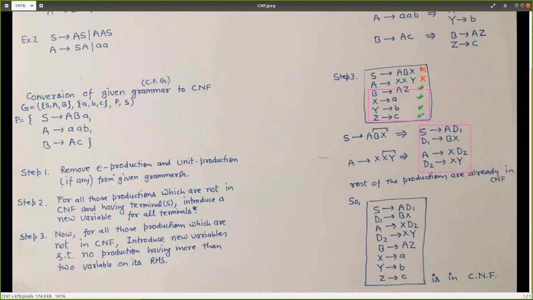B produces A Z. So in this way, we would convert the grammar to Chomsky normal form.